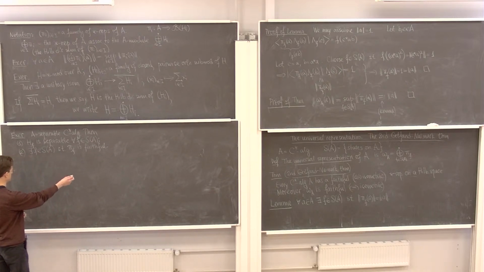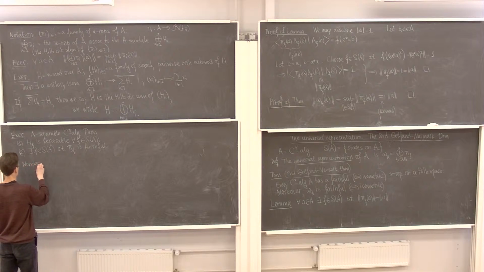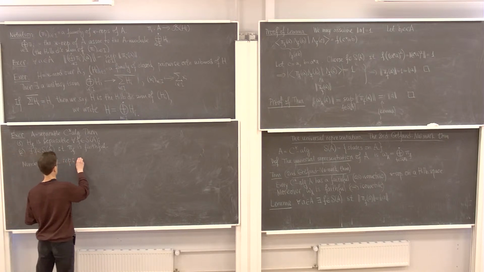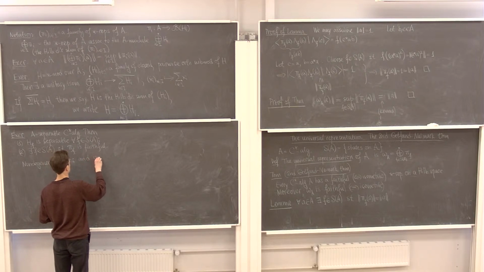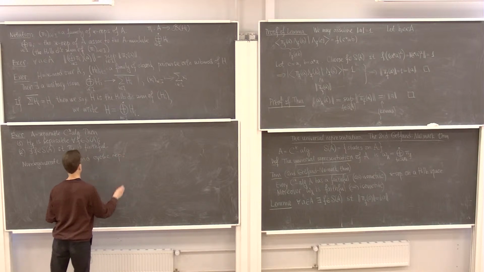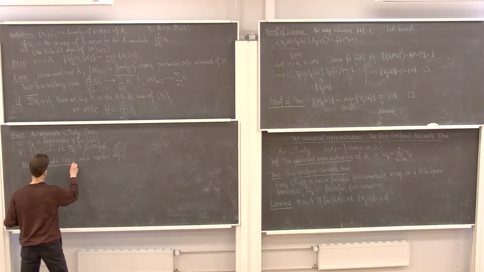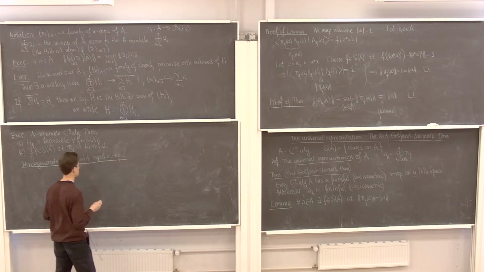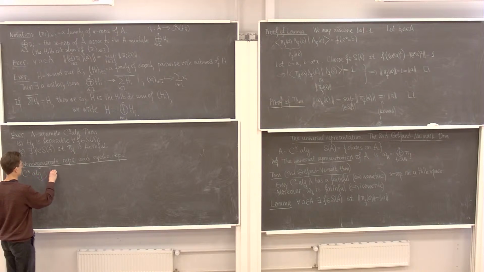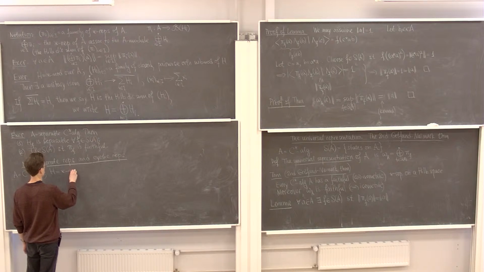So towards this goal, we will discuss non-degenerate representations and cyclic representations. So suppose that A is a C-star algebra, and that H is a star module over A.